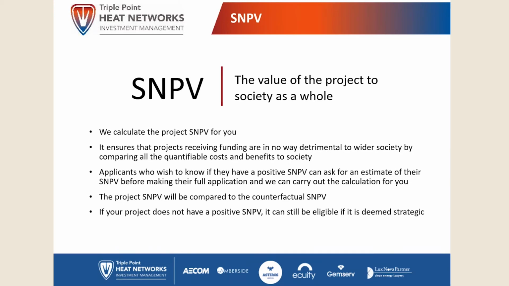The SNPV basically calculates the cost of the project in cash terms, discounted over time, and compares it to the cost of a deemed counterfactual. So you tell us what the counterfactual is for each of your customers. We have a set of standing data within the FEAM that calculates the capital and running costs for that counterfactual, and you compare the two.